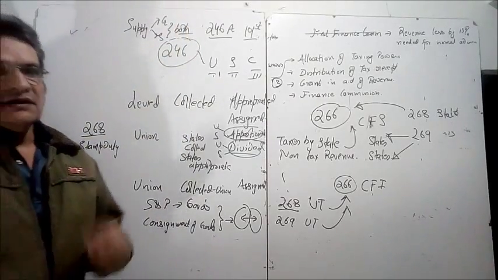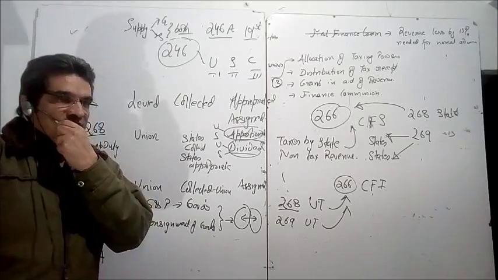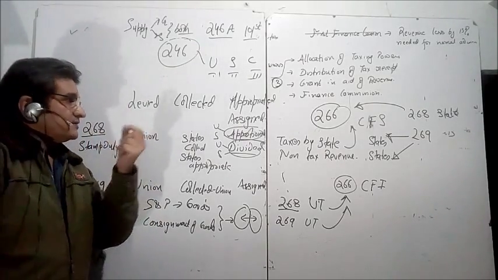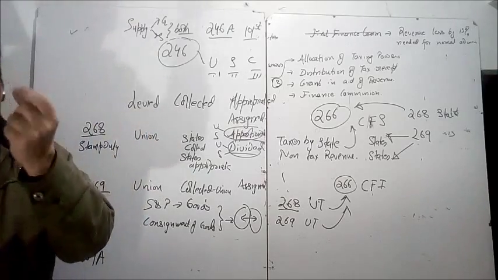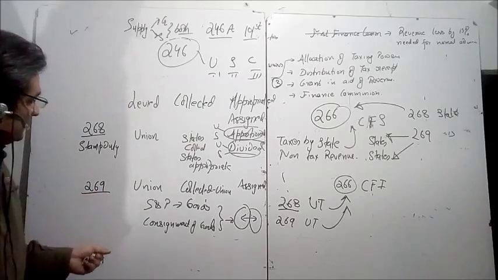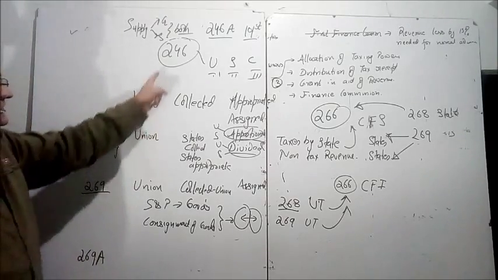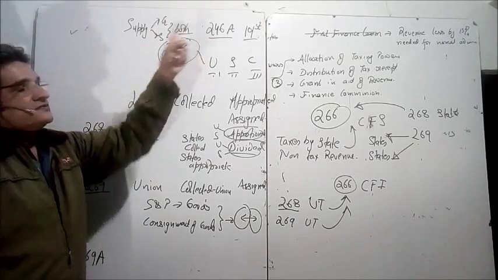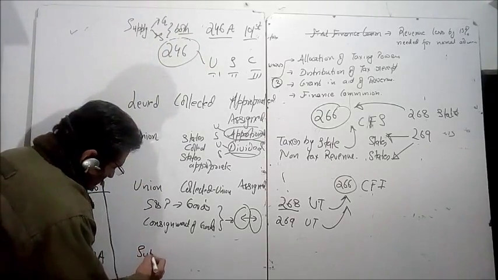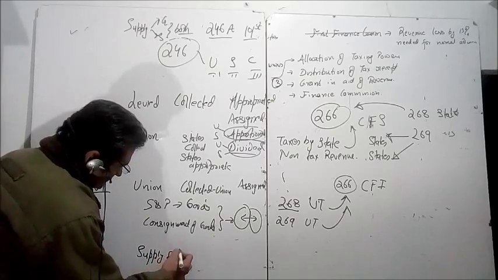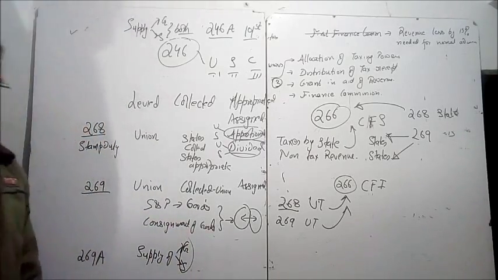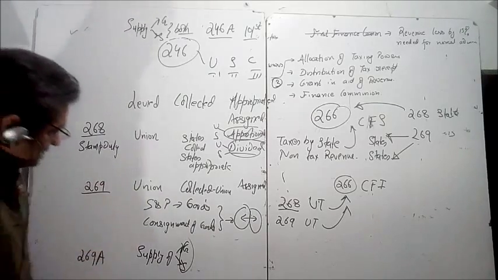And it can be levied by state government, it can be levied by union government, but in case it is in the course of interstate trade and commerce, it is only by the union government, the goods and services tax. So 269A deals with that part of goods and services tax which deals with interstate trade and commerce. So supply of goods and services, this tax will be levied by union.